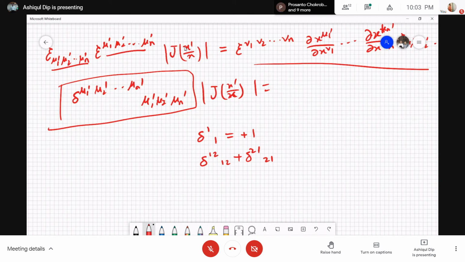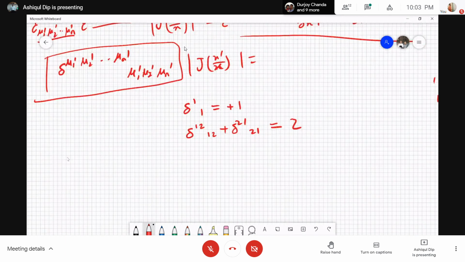These are the 2 possible combinations, right? The first index in the upper set has to match with the first index in the lower set. So that's the only combination. So what's the result? It's 2.